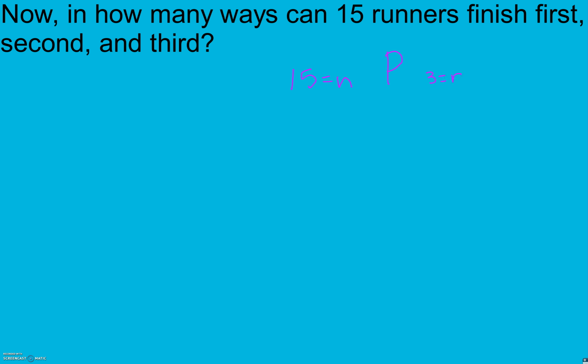That's our r value. So 15P3. Again, it's 15 factorial over n minus r factorial. 15 factorial over 12 factorial.